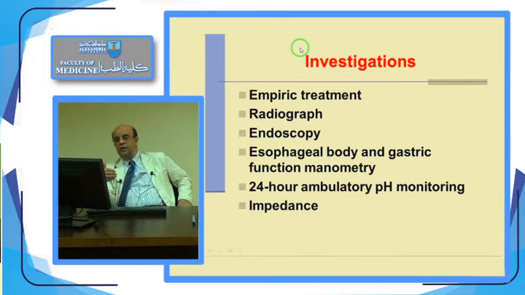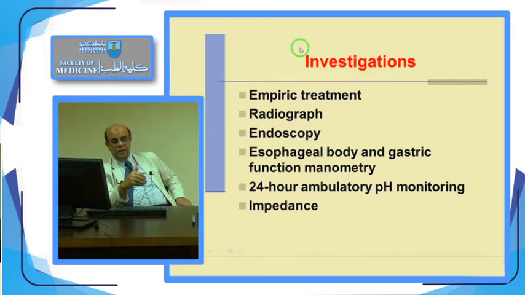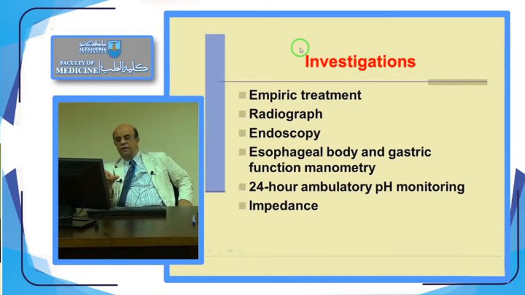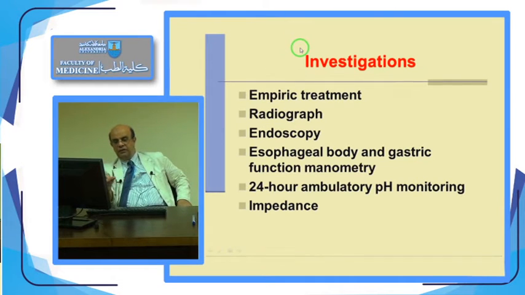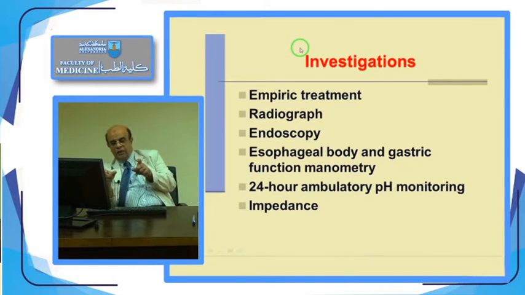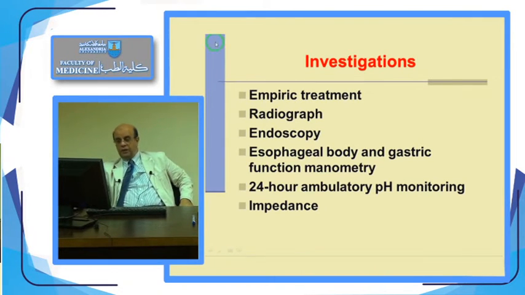Impedance is a new investigation that measures the resistance to the passage of electricity from one point of the electrode to another, and this also helps in the detection of gastroesophageal reflux.